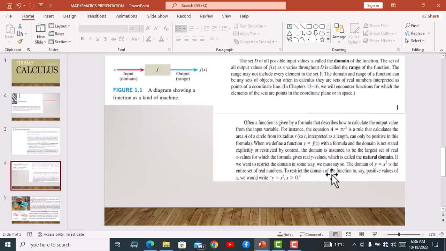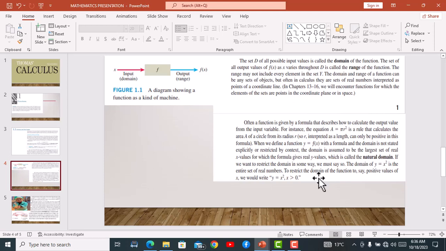If we want to restrict the domain in some way, we must say so. So the domain of y equals x squared is the entire set of real numbers, because this is a parabola and it's defined at every point. It is continuous everywhere, but we will deal with continuity when we get there.